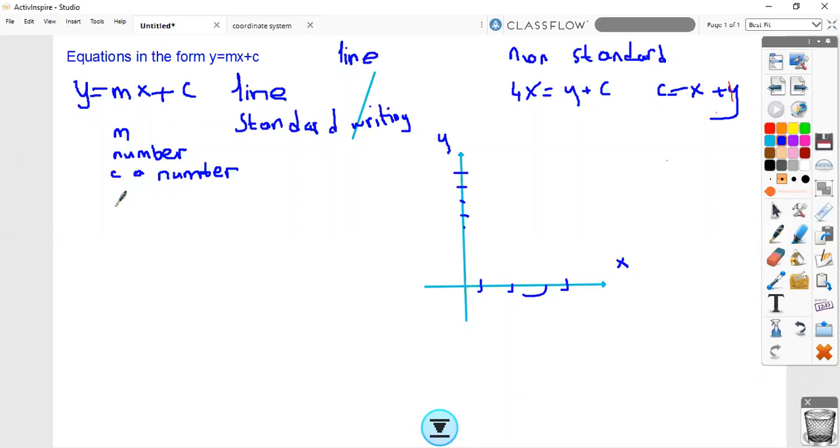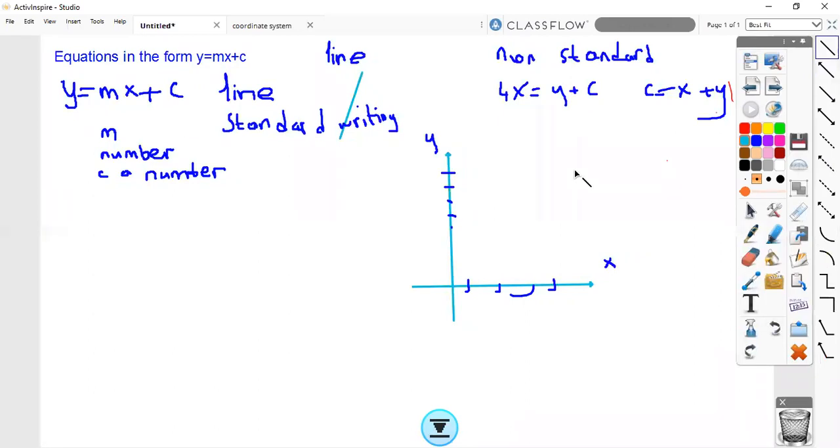Now, when we are going to draw the graph of this line, it can be any line in this form. Any line can be in this form or in this form, no problem. The directions are not a problem.